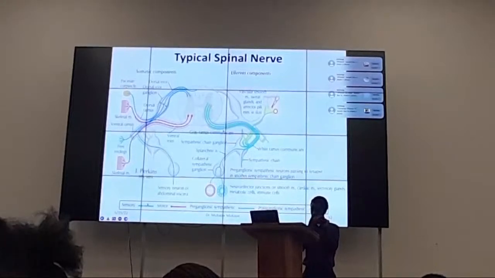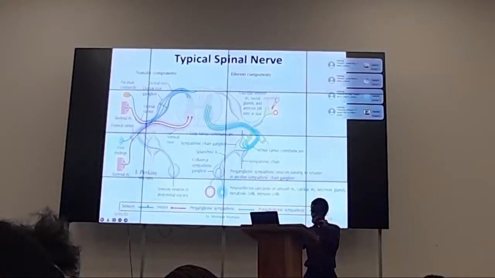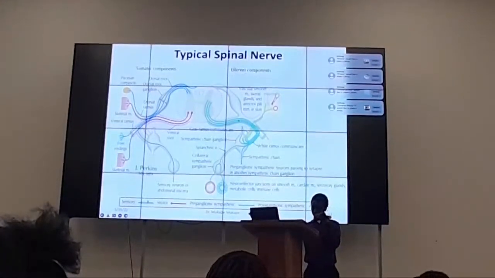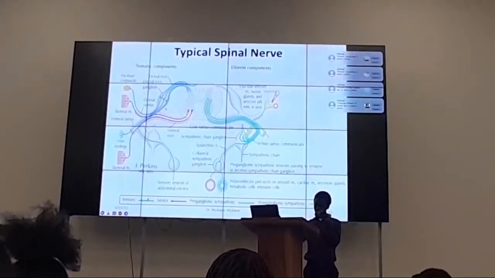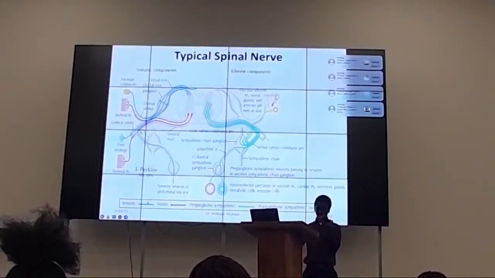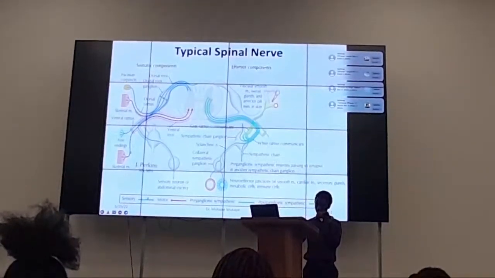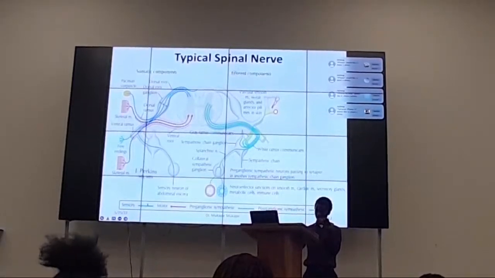So those are the autonomic fibers. When you look at this picture, it's showing you components of the autonomic system and components of the somatic system. The somatic to supply skeletal muscles, these pink ones. They are coming to supply skeletal muscles, as we can see here.